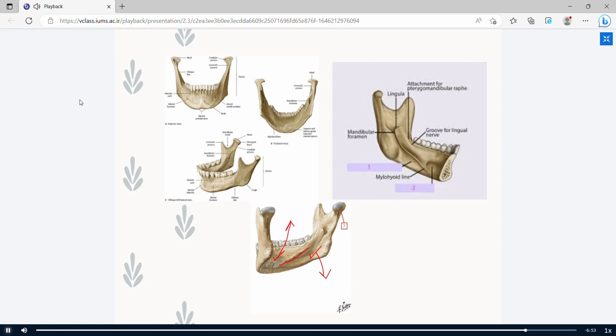Finally, at the midline, there are four spines: two superior mental spines and two inferior mental spines. The superior and inferior mental spines are attachments for the geniohyoid and genioglossus muscles.